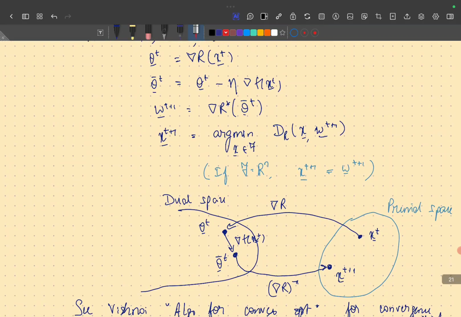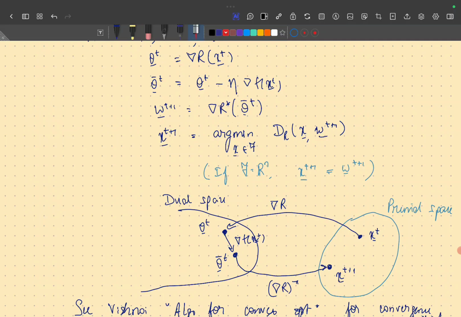So in the mirror descent algorithm, I have to compute the gradient of f, but now I also have to compute the gradient of r and the gradient of r star. That is why you have to choose r and r star such that you can compute these gradients easily. You can't just go about choosing a really complicated r. That only makes things worse for you.